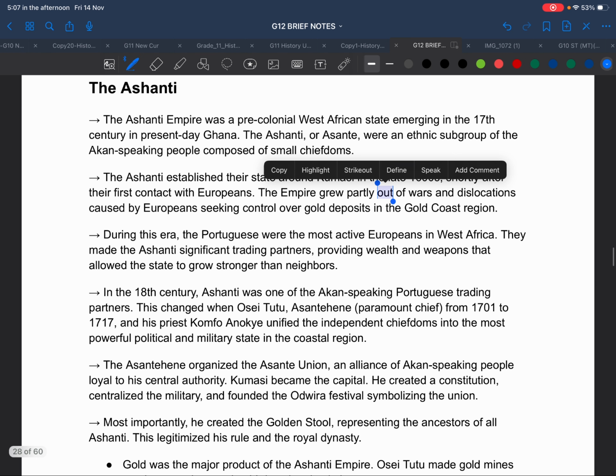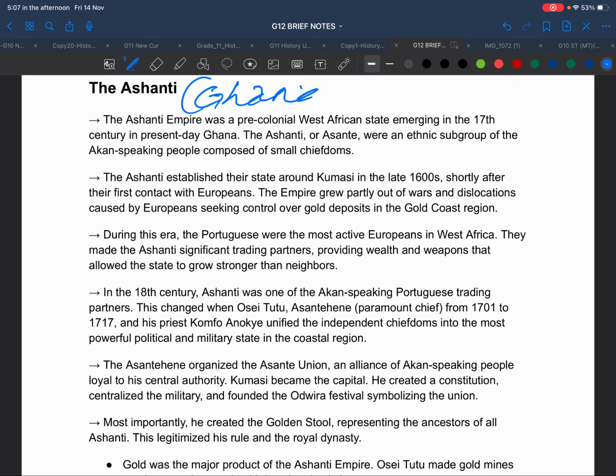You clearly understood it. The Ashanti are in what is called today Ghana. By the way, don't be confused: there was also ancient Ghana, far from here.